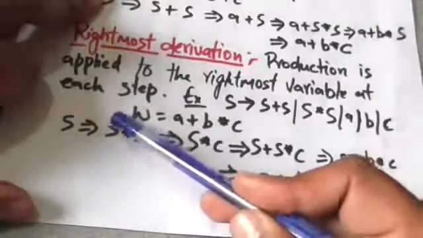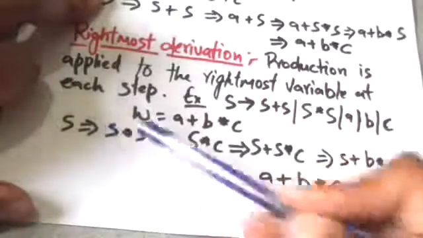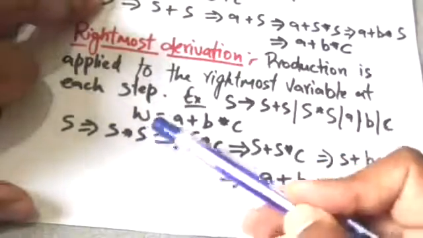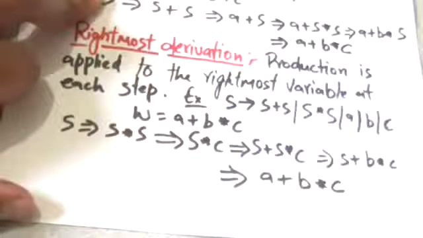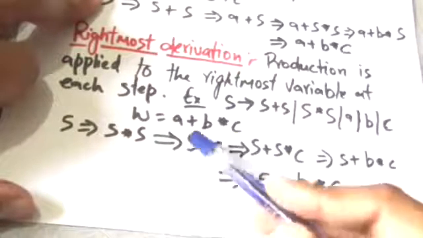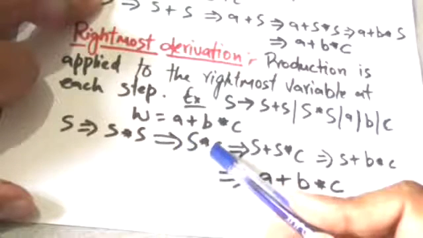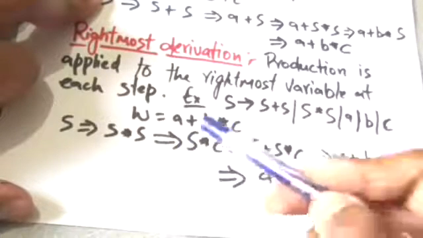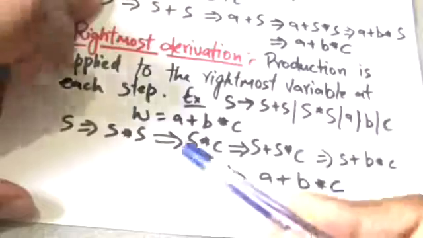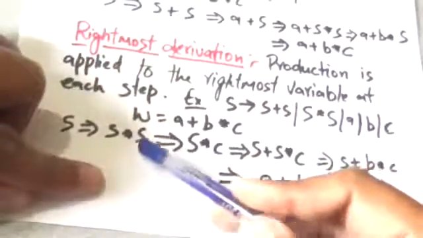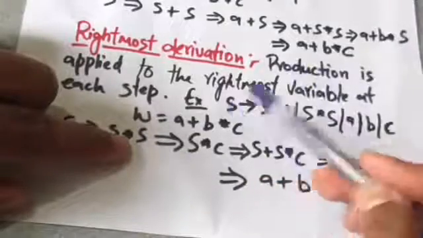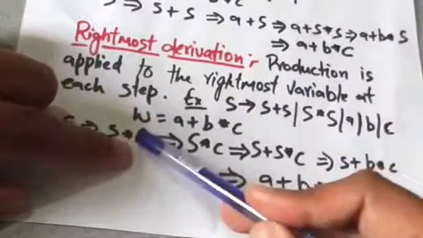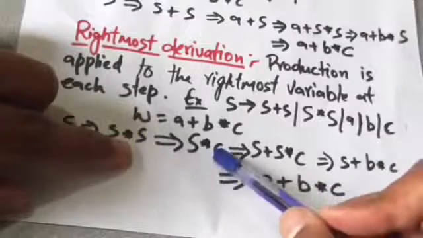Either I can apply the production rule to this S, or I can apply the production rule to this S. Since this is the rightmost derivation, I have applied the production rule to this S. I have applied the production S derives c. So this S is replaced by c.